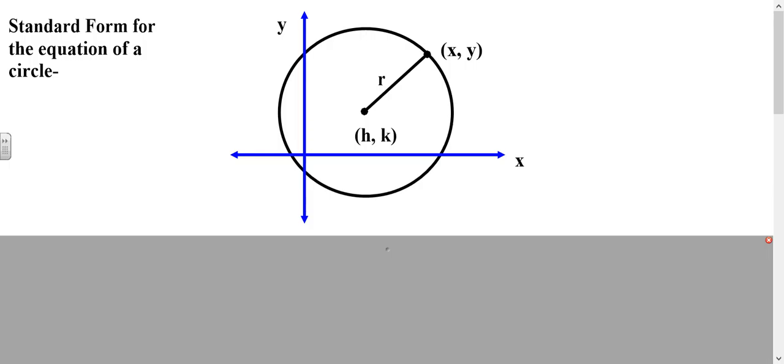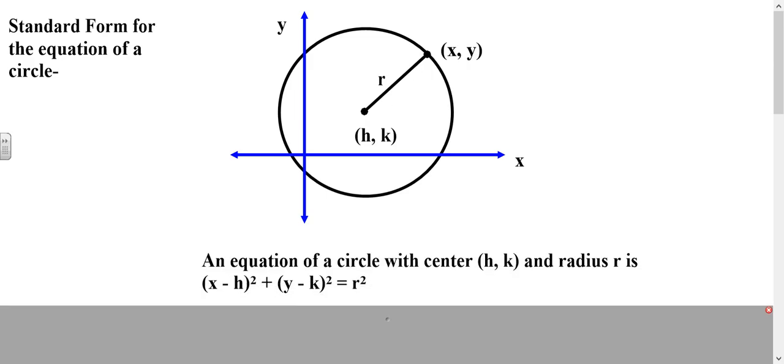So when we write our standard form for the equation of a circle, we're going to take (h, k) as the center, (x, y) is any point, and r is the radius. Now, an equation with a center (h, k) and radius r is this formula here. So this formula is the standard form of the equation for a circle. Now you might recognize this formula a little bit.